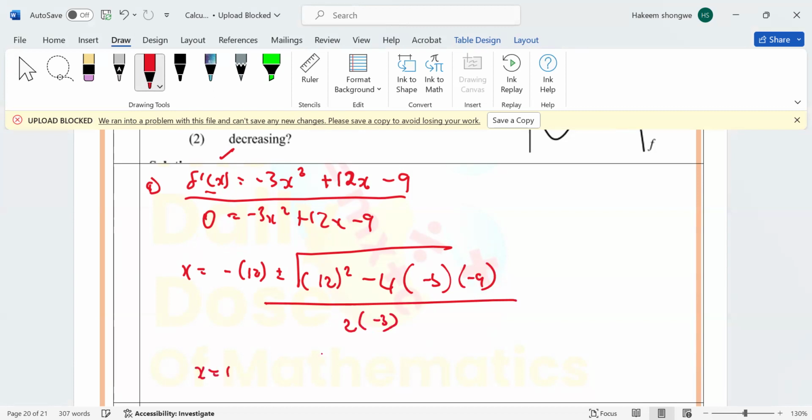Then you get your x1, which is 3, and your x2, which is 1. These are your stationary points.